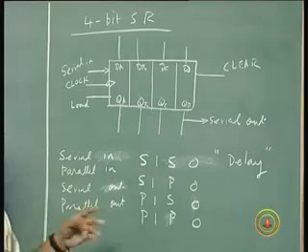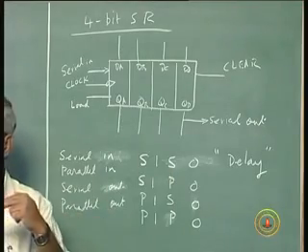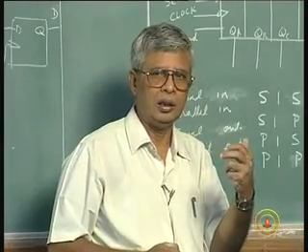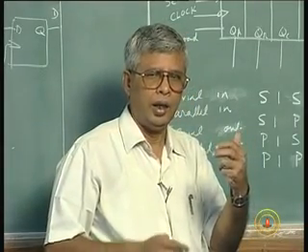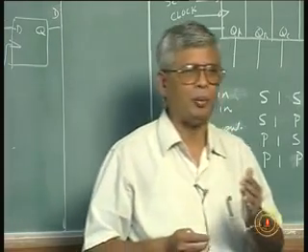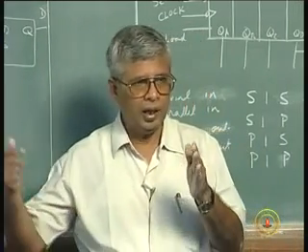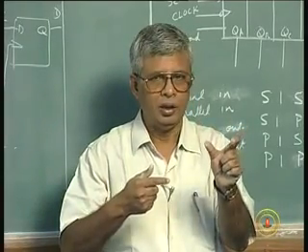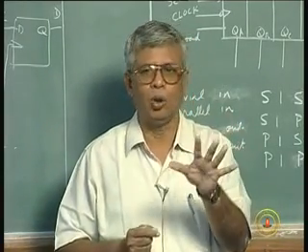Serial in, parallel out is when you have the serial input data and I want to take it parallelly. This is called serial to parallel conversion. In some applications, I have a serial input data coming in, but I have to wait for the whole word. For example, let us assume an ASCII code, 8 bits.